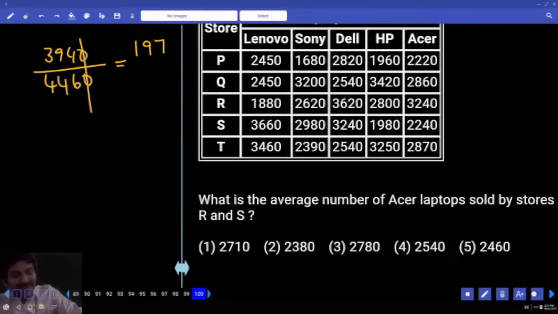What is the average number of Acer laptops sold by stores Q, R and S?